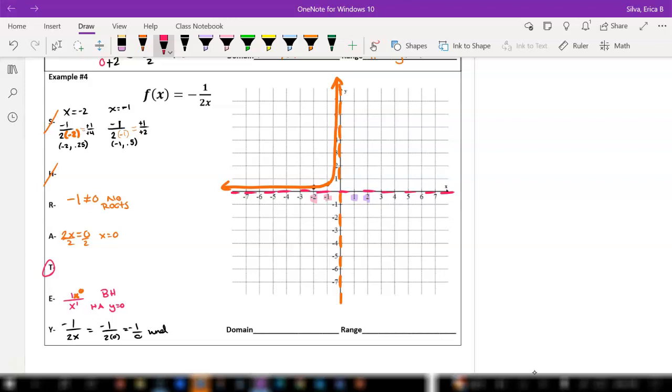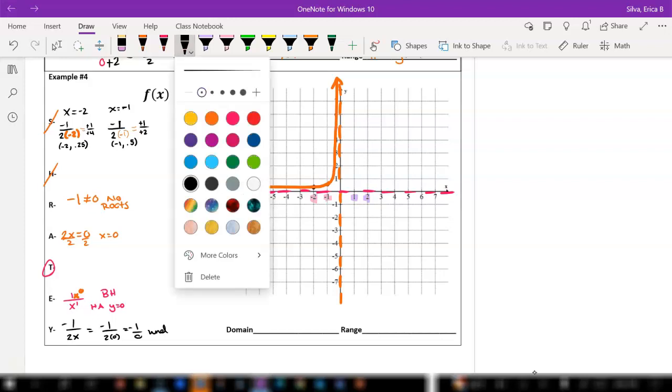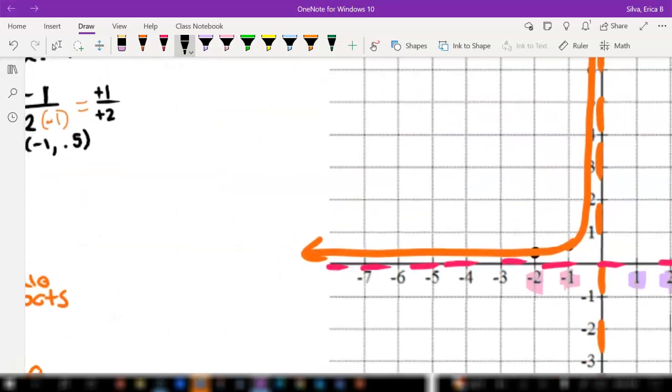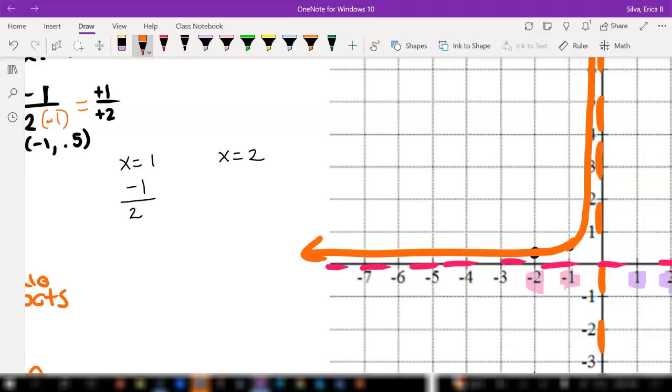And now we're going to test positive 1 and positive 2. So x equals positive 1 and x equals positive 2. We've got negative 1 over 2 times positive 1.